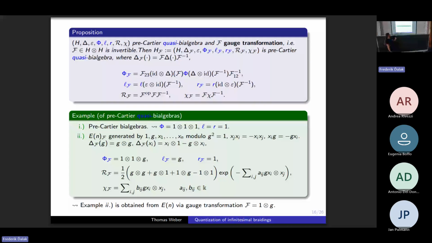Your R matrices and chi's are mixed up a little bit. This is one of the examples you can look at. And to be fair, it's not easy to find examples because you really have to take care of a lot of structure, and yeah, it's a mess.